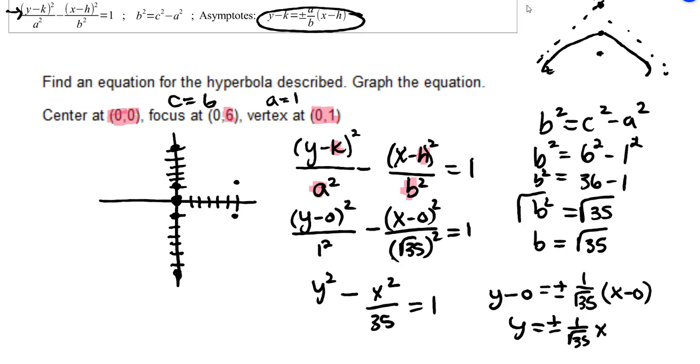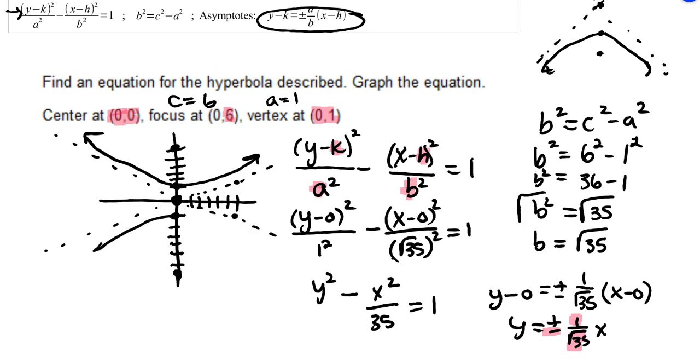Actually, I'm going to go the opposite, down 1 and run 6. So that gives me the negative 1 over the square root of 35. And if I draw a straight line going through the center and that point, I'm getting my asymptotes. From the vertex, I can approach those asymptotes and get a sketch of that hyperbola.